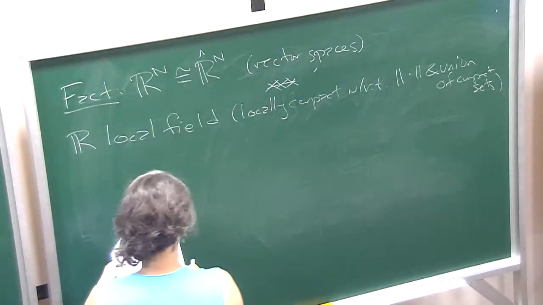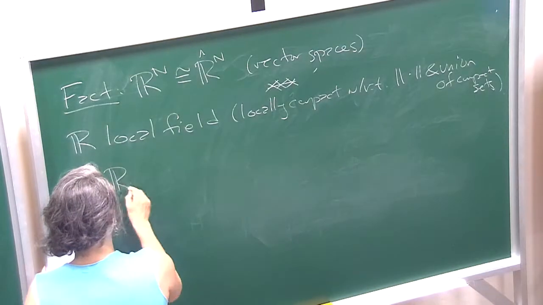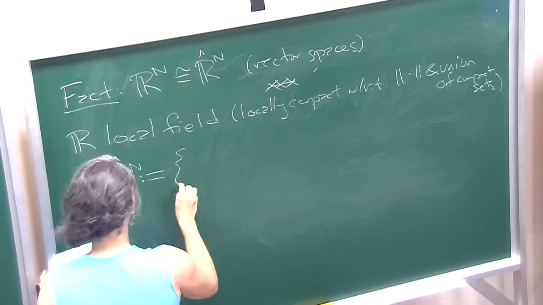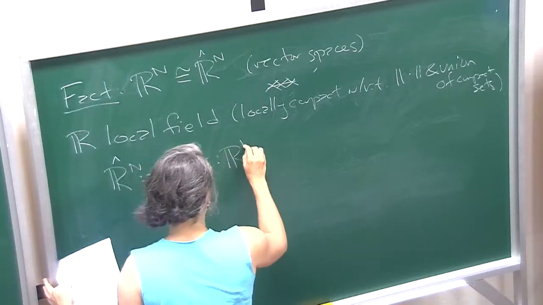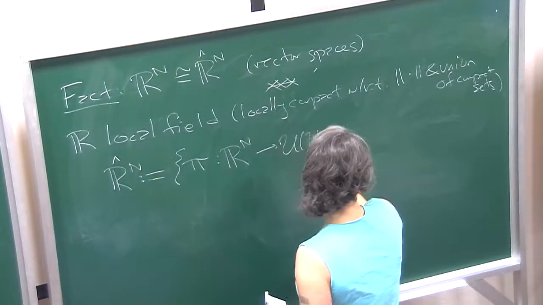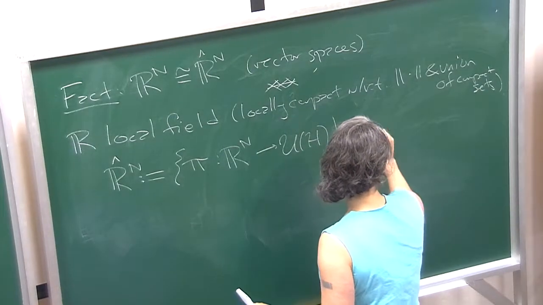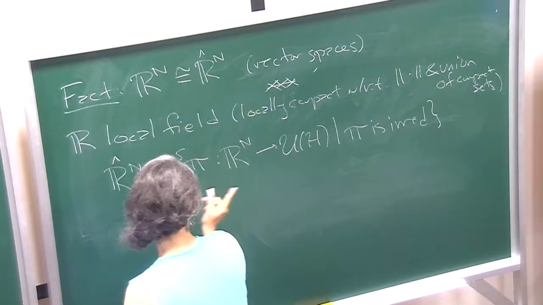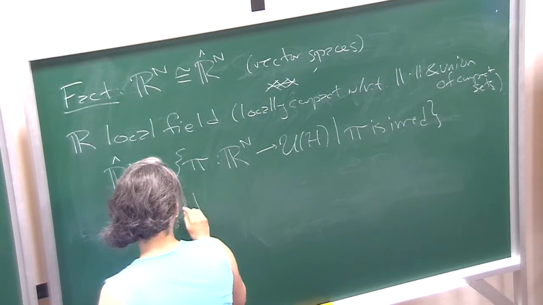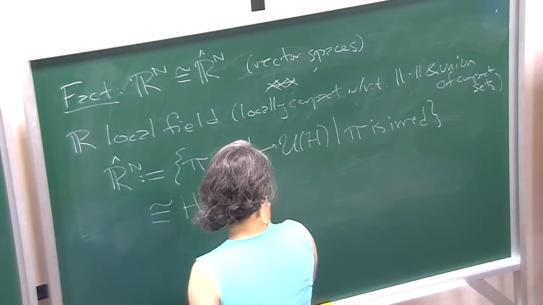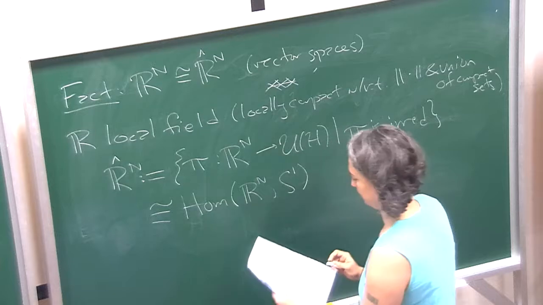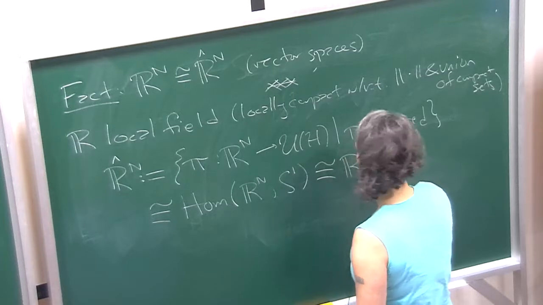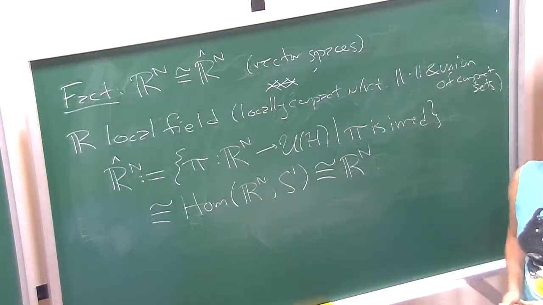Okay, so that means that Rn hat, which is by definition the set of pi from Rn to the unitaries of a Hilbert space such that pi is irreducible, which I'm going to explain, is isomorphic to Hom of R and S1, which is itself isomorphic to Rn. Okay, so what is an irreducible representation?